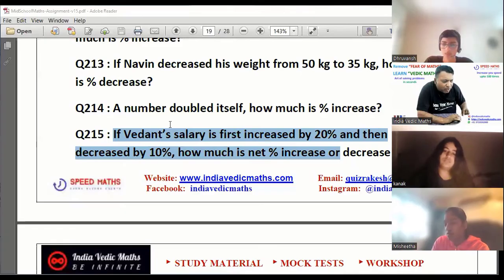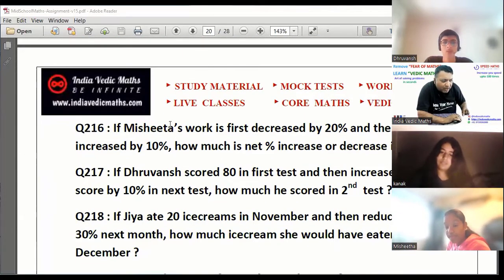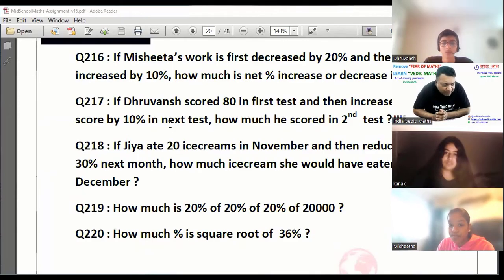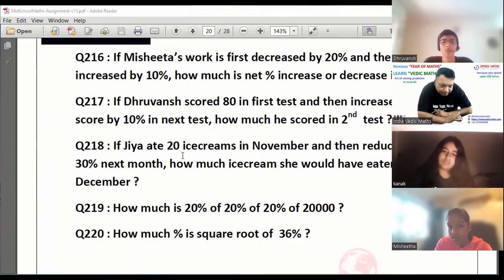211, 212, 213, 214, 215. Kanak, all good? Now tell me, Kanak, Vedant, Mishita, Priyanka, Dhruvansh, 216 to 220. Which question is problematic? Which question do you have doubt in? Look at it and tell me. 216, 217, 218.